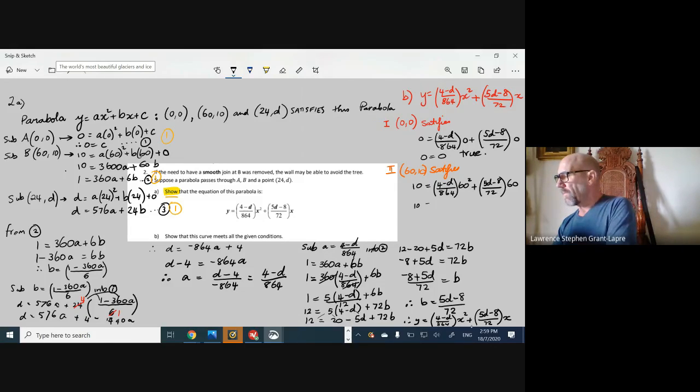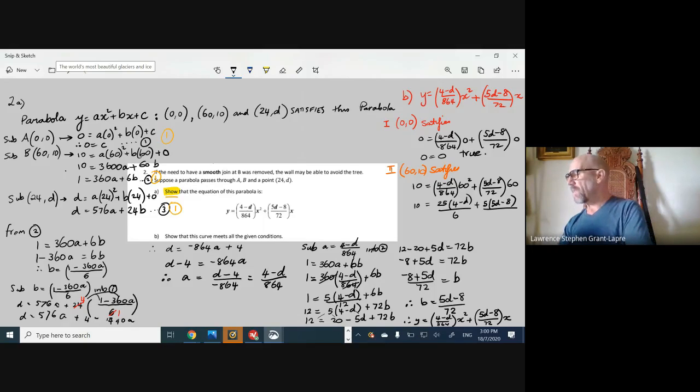So 25 over 6. All right, 60 over 72 simplifies to 5/6. So 5D minus 8 over 6.